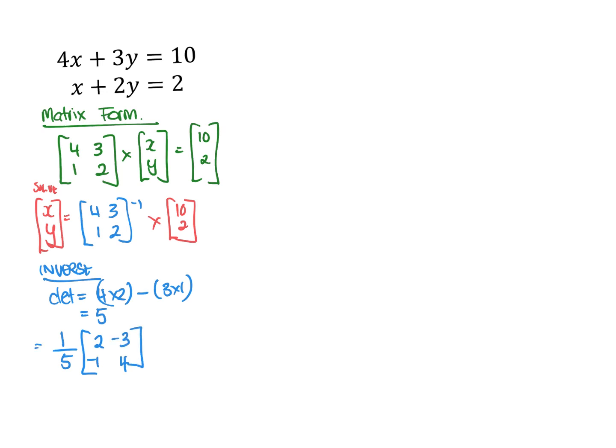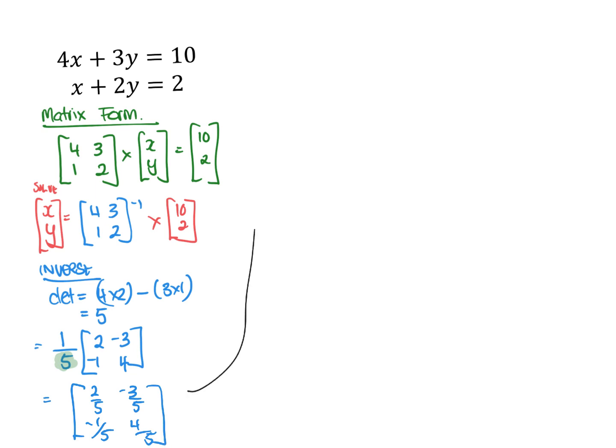Okay, now what I said before, because this number on the bottom is the determinant, when you multiply it out with the numbers in the matrix, it'll just become 2 over 5, negative 3 over 5, negative 1 over 5, and 4 over 5. Okay? So that's now the inverse.